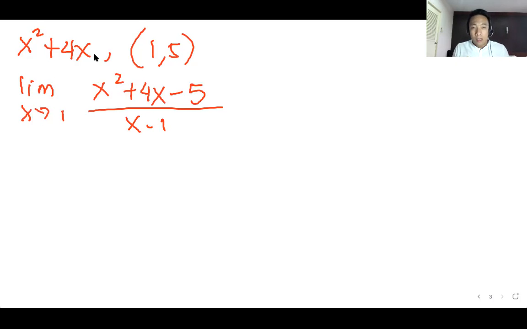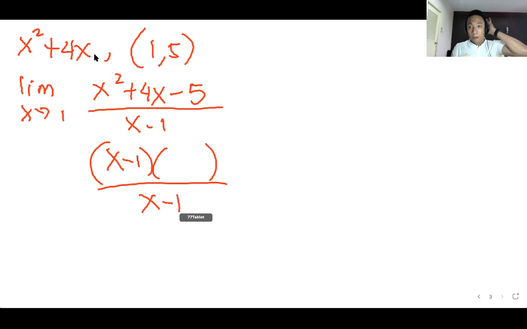As I've told you, itong naunang part, we can now use negative x minus 1 as one factor, right? So we have x minus 1. We will just find the other factor, okay? So what will you multiply to negative 1 to make it negative 5?